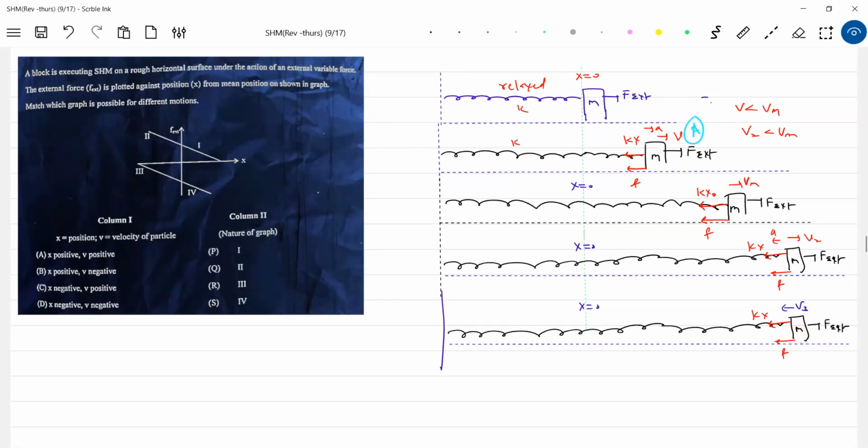It's saying mean position. From the mean position as shown in the graph. Mean means net force should be 0. You mean to say x equal to 0 is this one? I'll change the reference point.